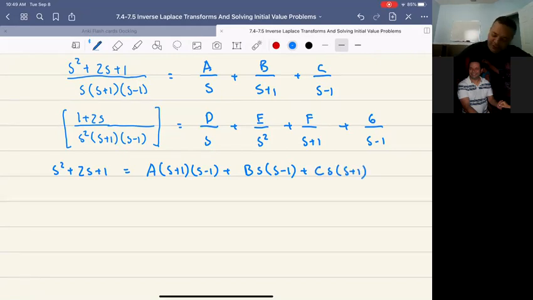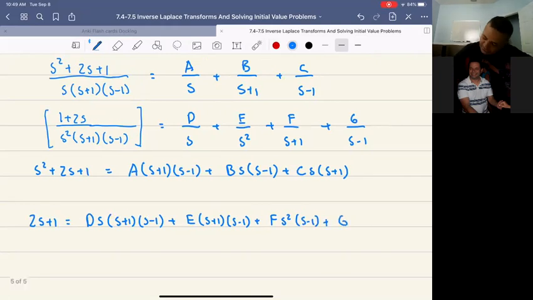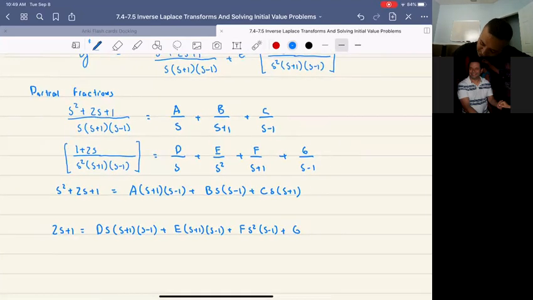And then the other one's going to be 2s plus 1 equals d times (s plus 1)(s minus 1) plus e(s plus 1)(s minus 1) plus f s squared (s minus 1) plus g s squared (s plus 1).